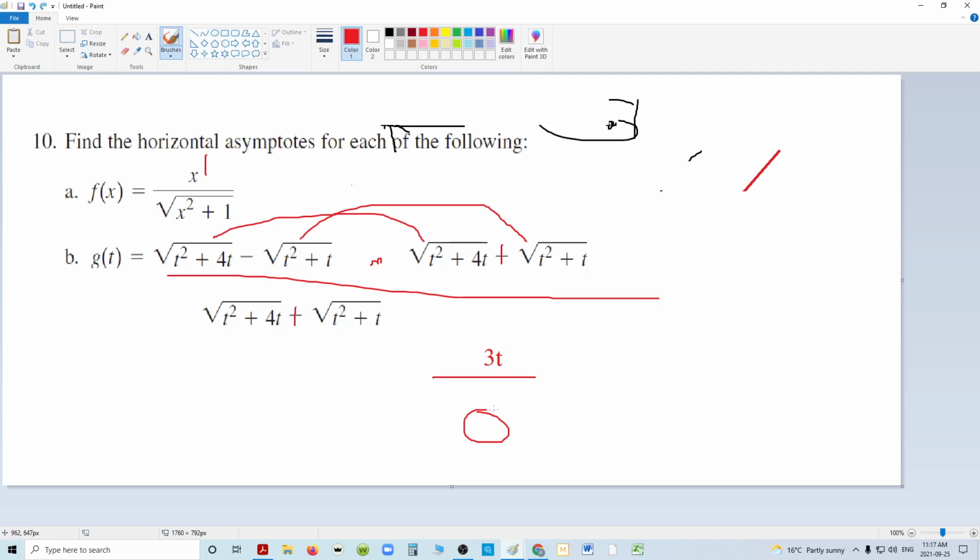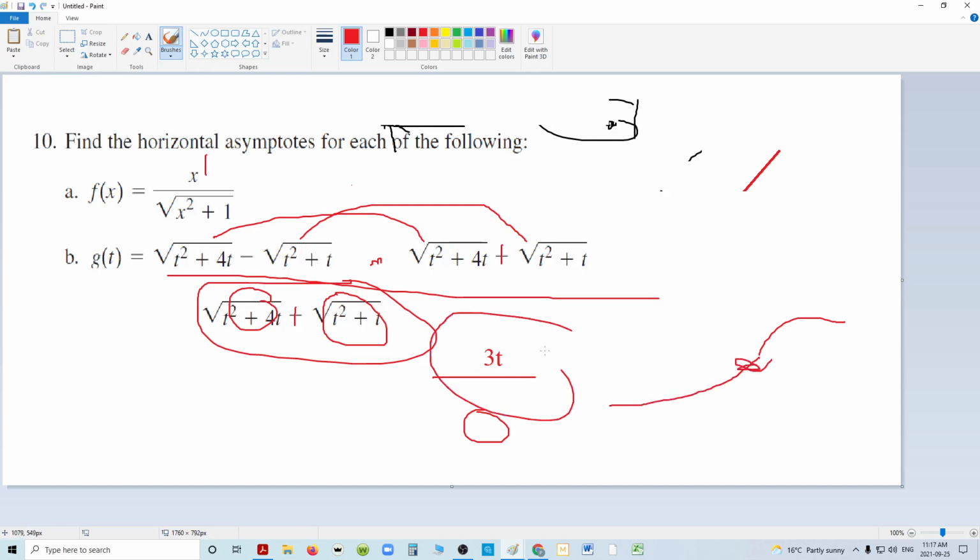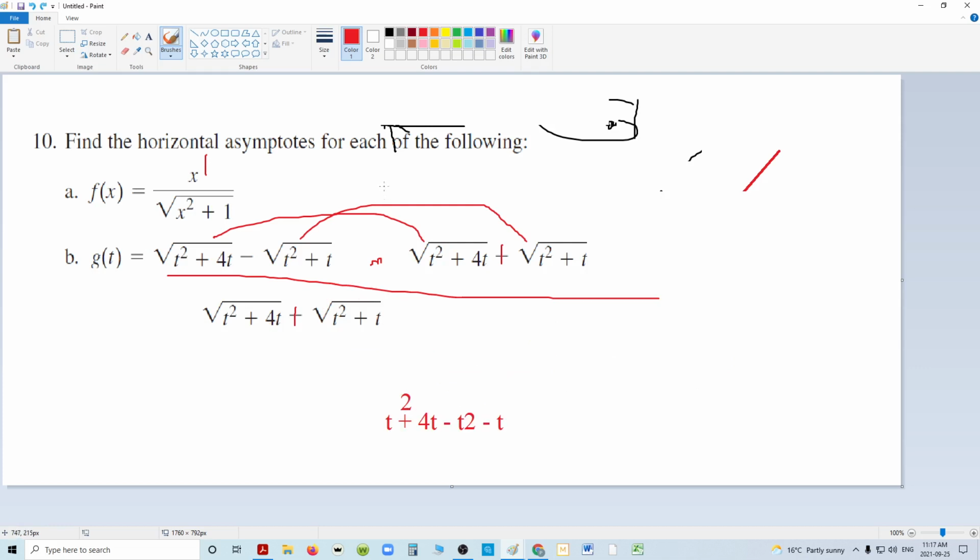This gave me a better idea of what's going on, though. 3t over this thing, which can only produce positive results. So I believe it's only going to be positive. Oh no, this can be negative on the top. So at 0, 0 something weird is going to go on. Those are really tough.